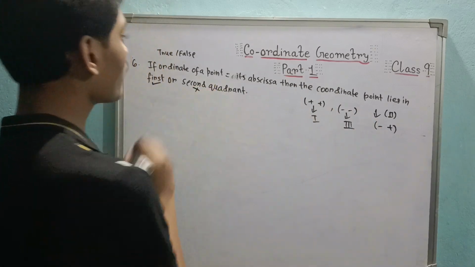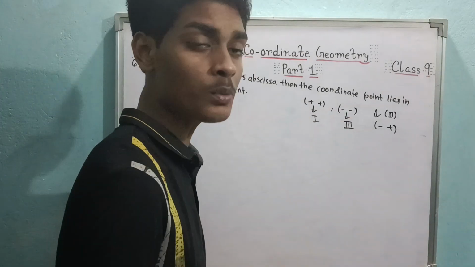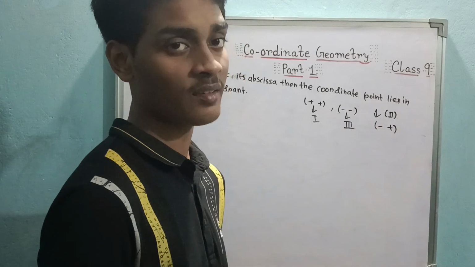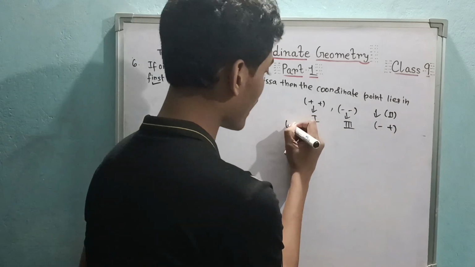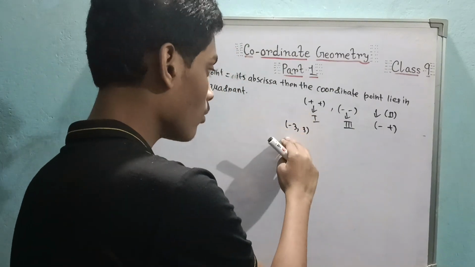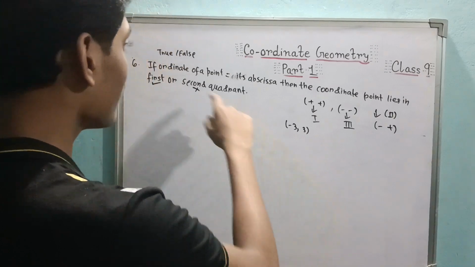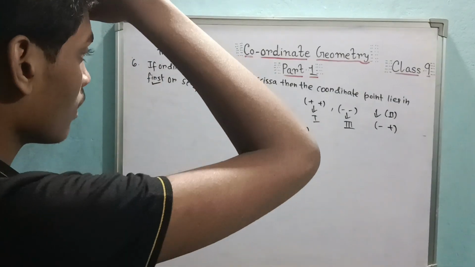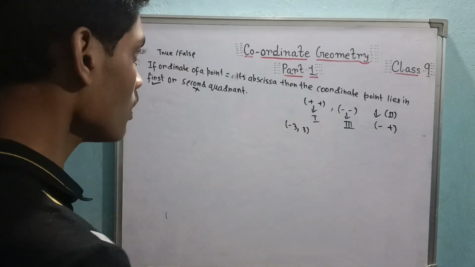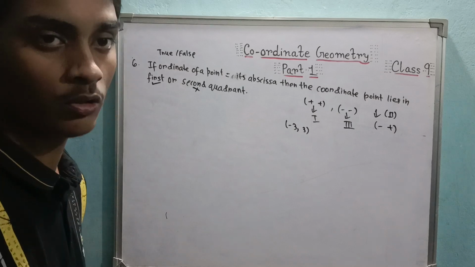Their signs also need to be the same, but in the second quadrant the abscissa and ordinate don't have the same signs. You can have the point minus 3, comma 3. The magnitude is the same, but the abscissa is negative and the ordinate positive, so they are not equal. Even if the magnitude is equal, it's totally not equal because the signs are not equal.